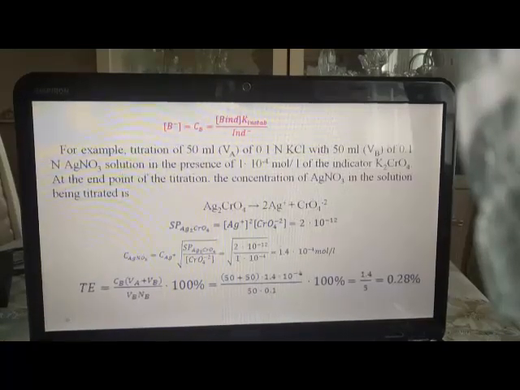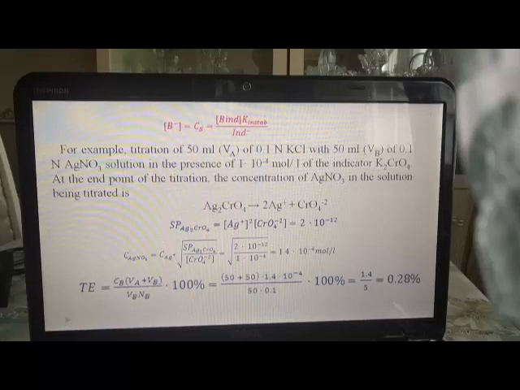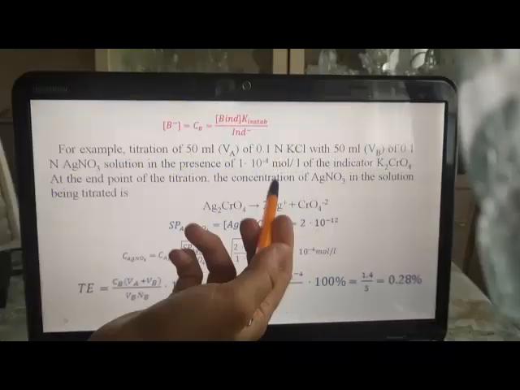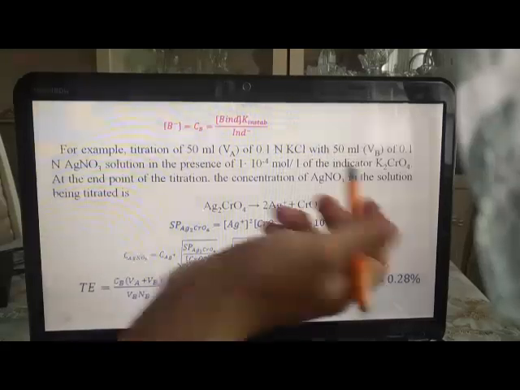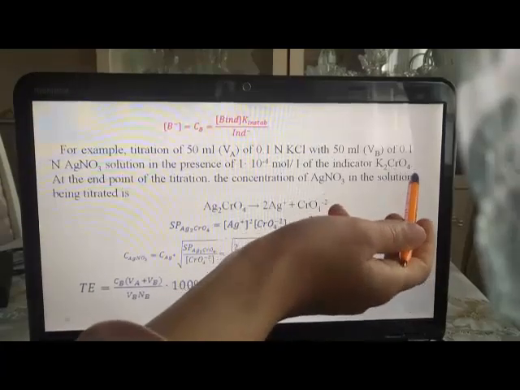For example, titration of 50 milliliters of 0.1 normality potassium chloride with 50 milliliters of 0.1 normality silver nitrate solution in the presence of 10^-4 mole per liter of the indicator potassium chromate.